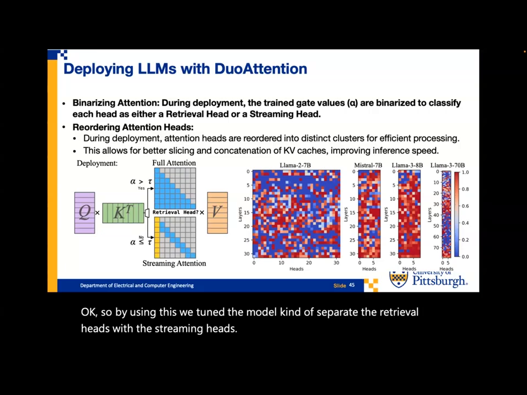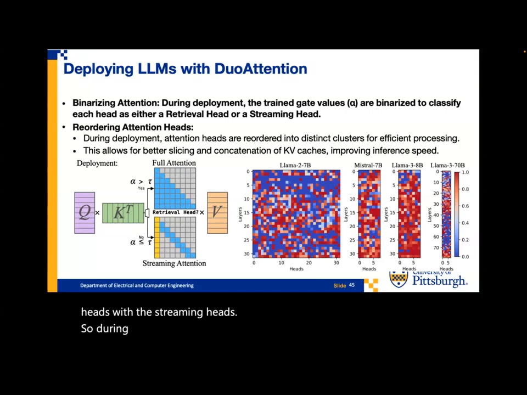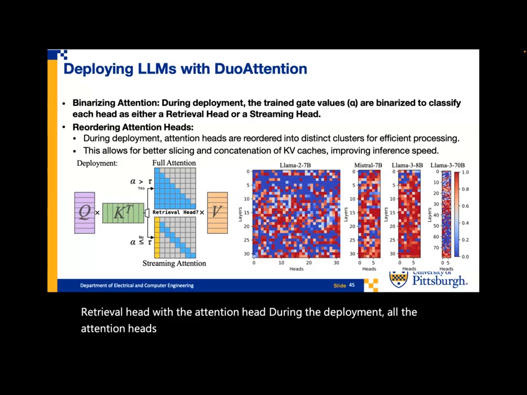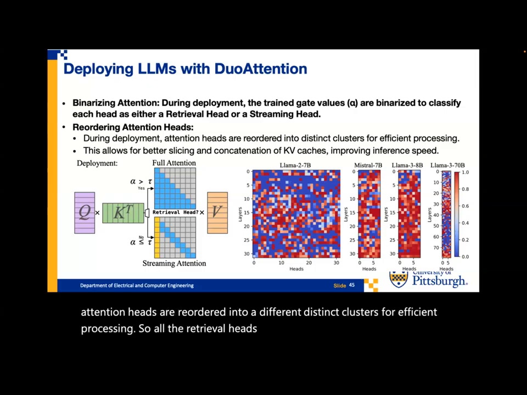During the deployment, once you can separate the retrieval heads from the streaming heads, all the attention heads are reordered into different distinct clusters for efficient processing. So all the retrieval heads are clustered together, and all the streaming heads are clustered together.